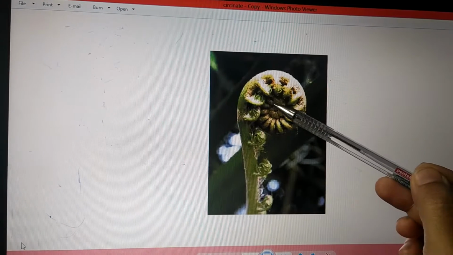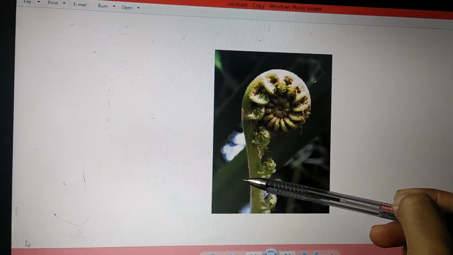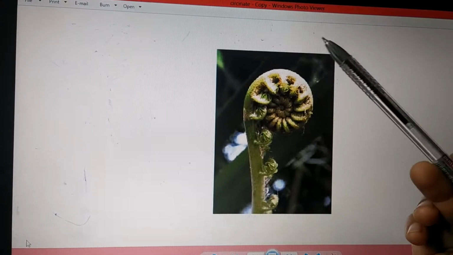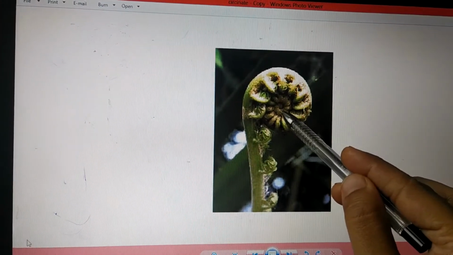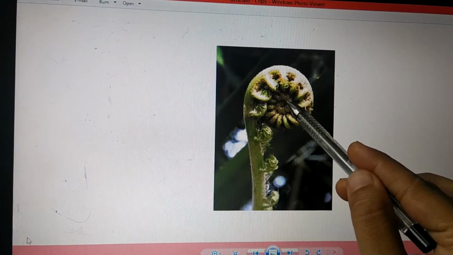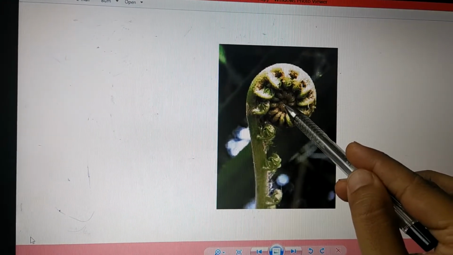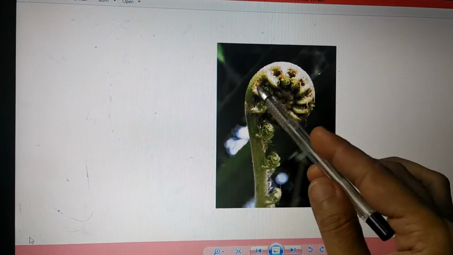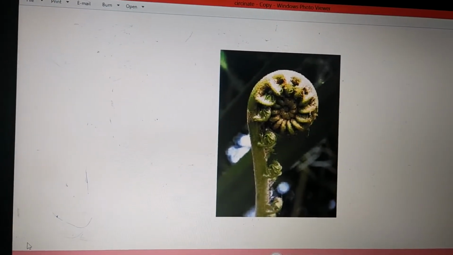It is tightly coiled, you can make out that it is tightly coiled or tightly curved. Why is this coiling there? Because the tender part of the growing tip is to be protected. This protection is done when it forms a coil-like structure, this one. So this is called circinate vernation.